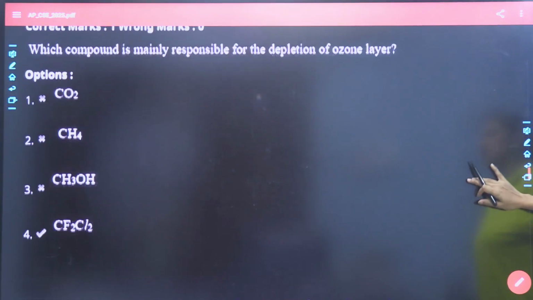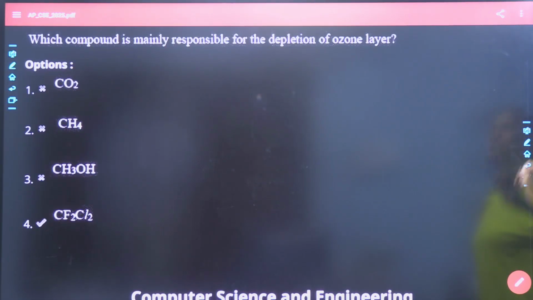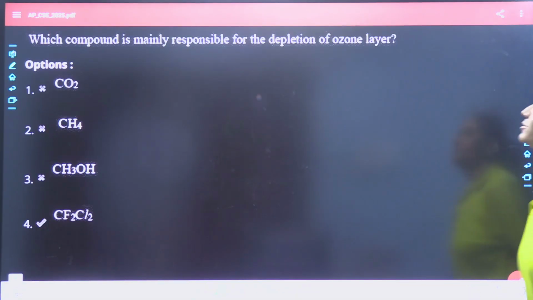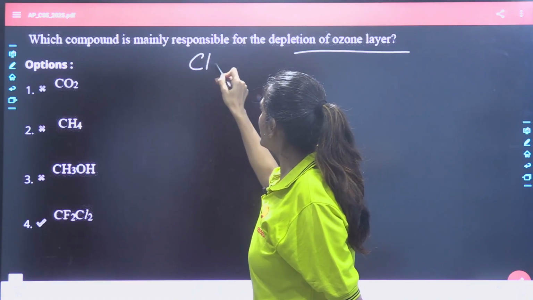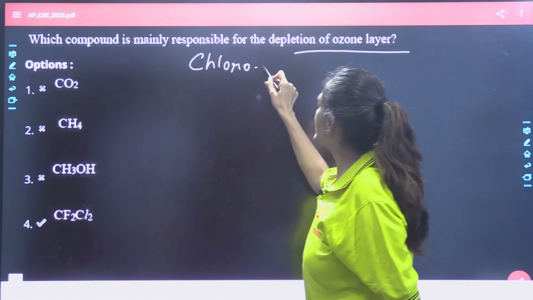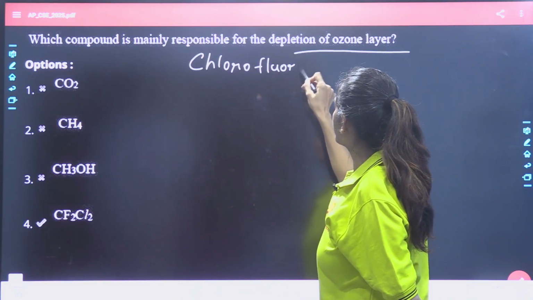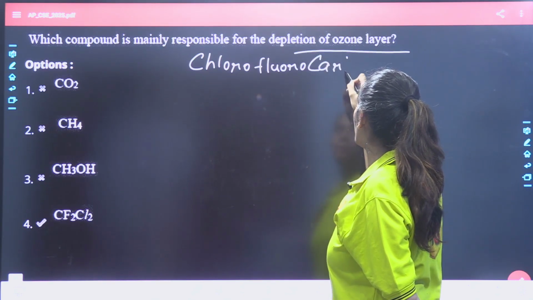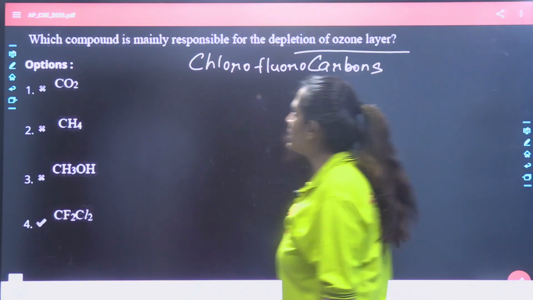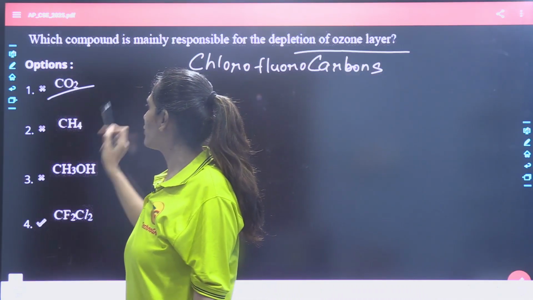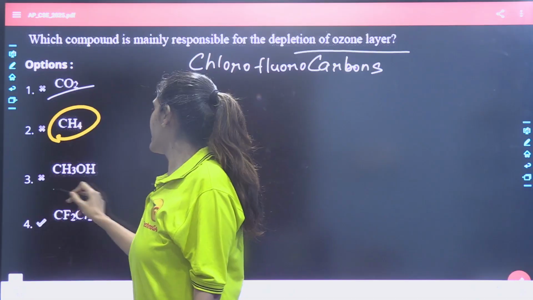And our last question. Which compound is mainly responsible for the depletion of the ozone layer? Mainly responsible are chlorofluorocarbons. The compounds that are responsible for the depletion of the ozone layer are chlorofluorocarbons, not methane, not methanol.